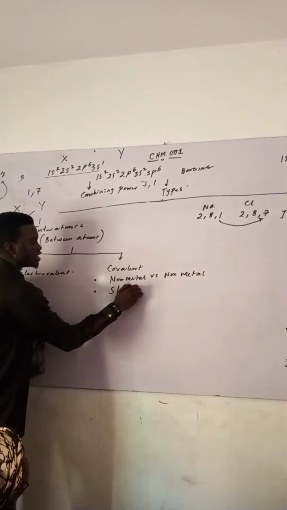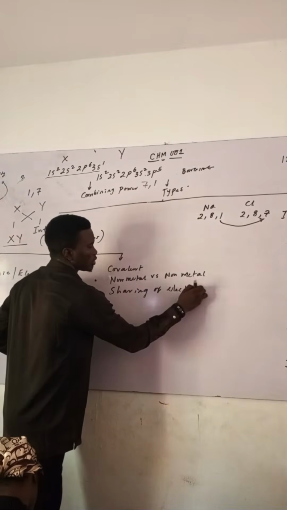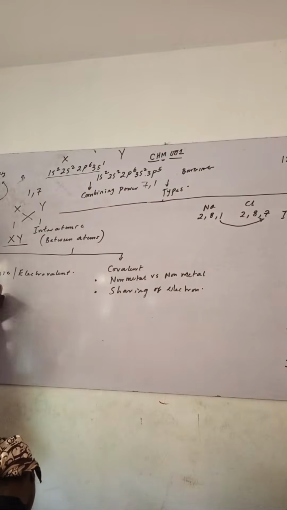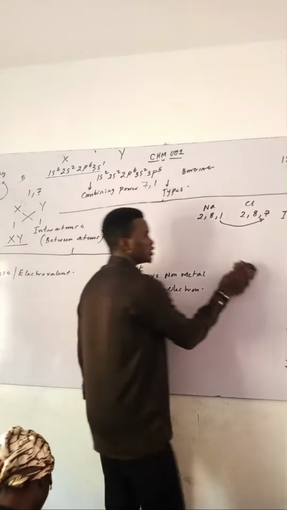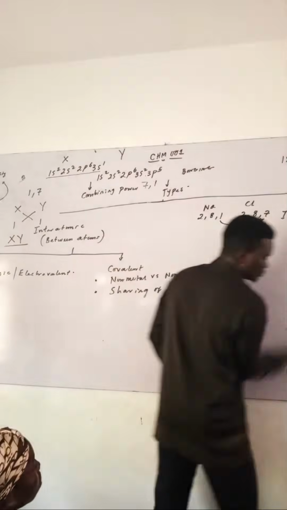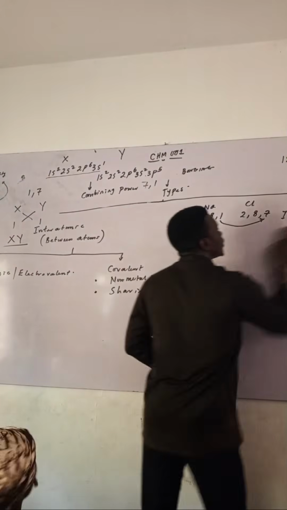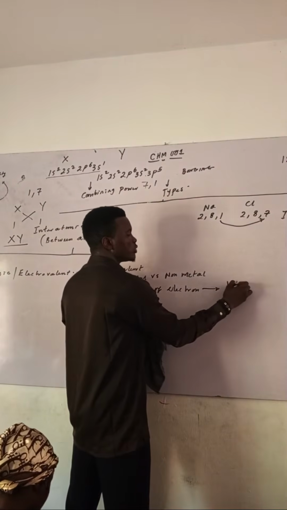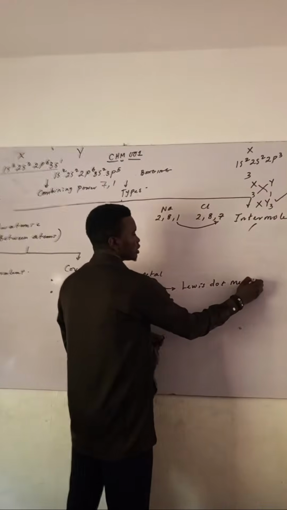Covalent bonding involves sharing of electrons, while ionic involves transfer. When you are sharing electrons, you use what we call the Lewis dot method.